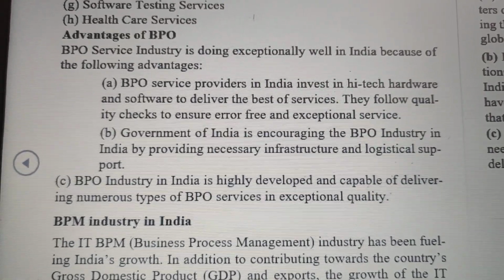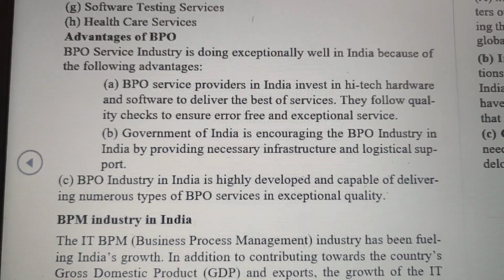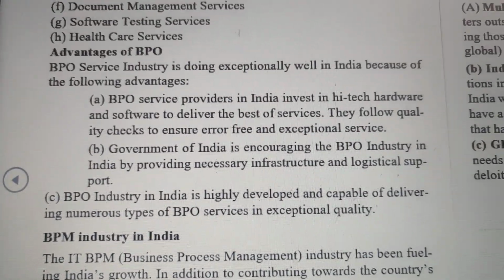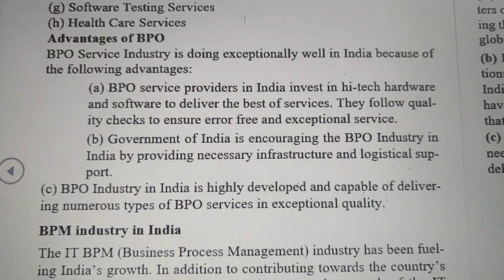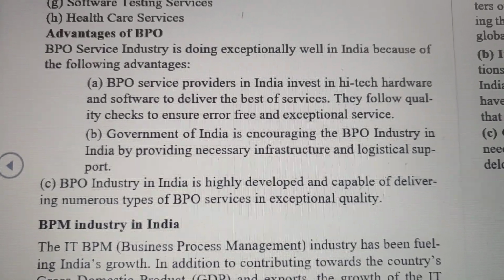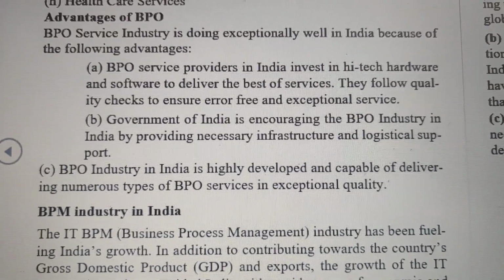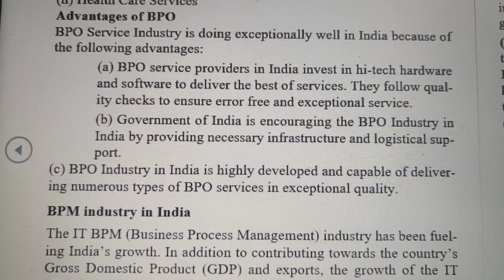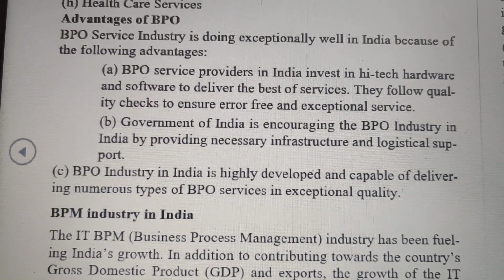Second point, the government of India is encouraging BPO. So here our government is very cooperative. The government encourages the BPO industry in India by providing necessary infrastructure and logistic support. So the government helps us. It gives the best infrastructure and logistical support.